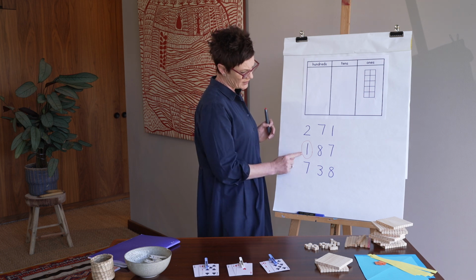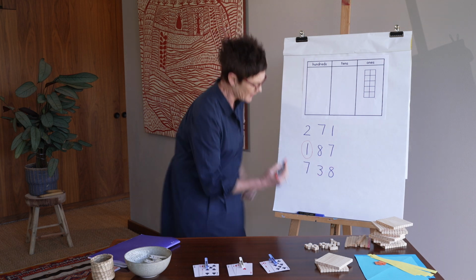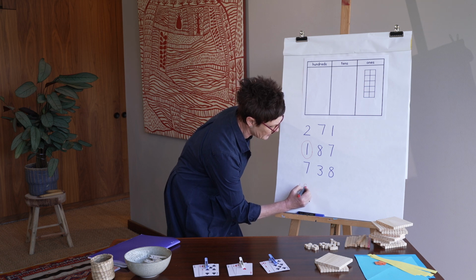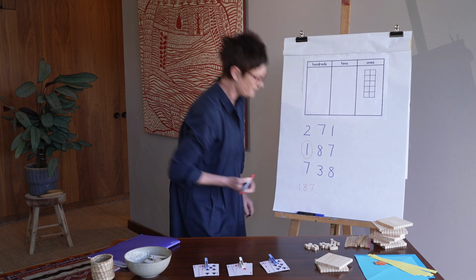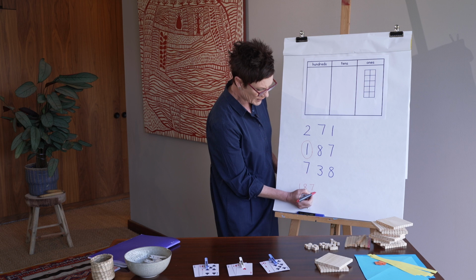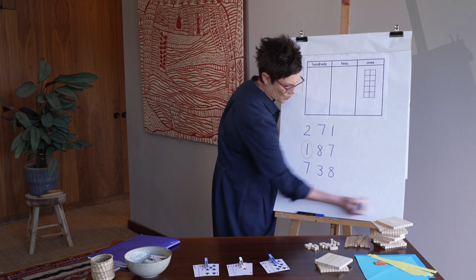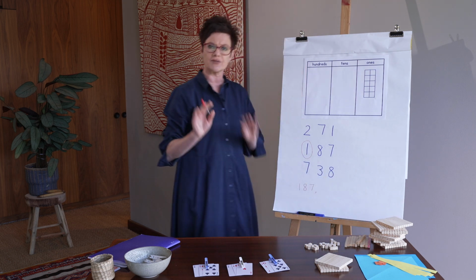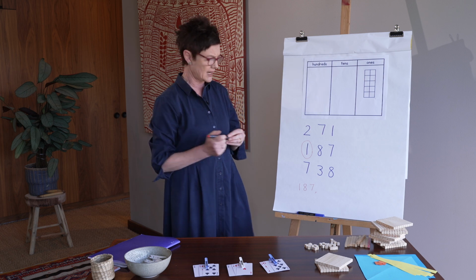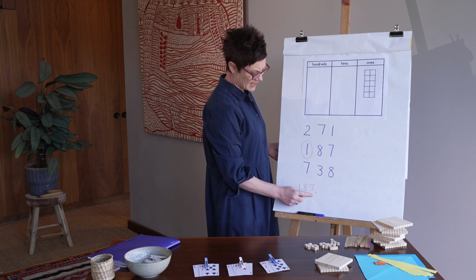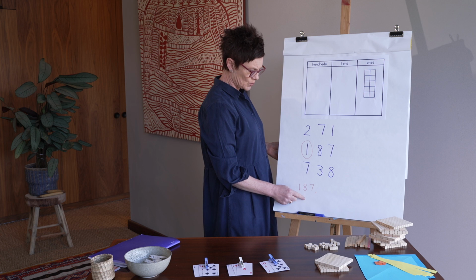Okay, 187. Let's write that down as our smallest number, 187. Okay, I'm going to put a little comma in here so I know that I'm not going to run into long numbers and I'm going to leave quite a bit of space. Okay, so I've got 187 is my smallest.